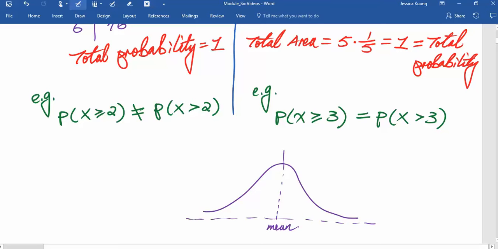And also, a particular event that occurs near the mean is far more likely to happen than an event that occurs far away from the mean. So that is what you're going to learn about normal distribution. Let me write that down.